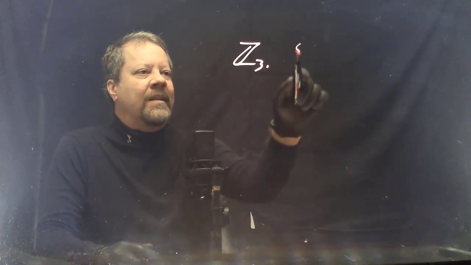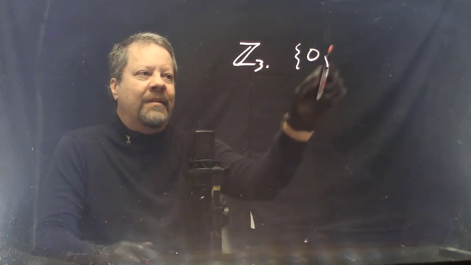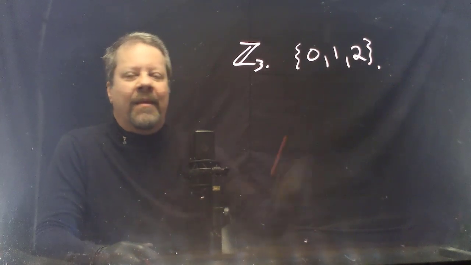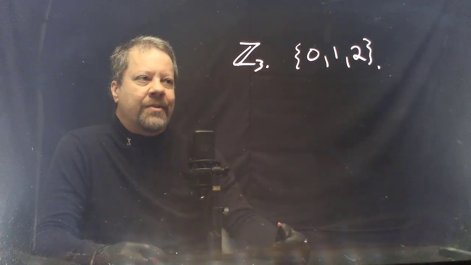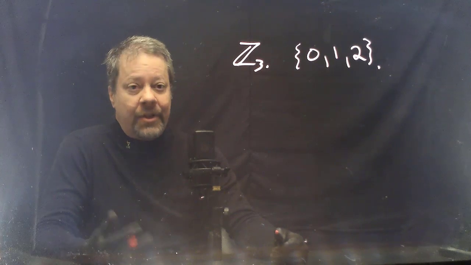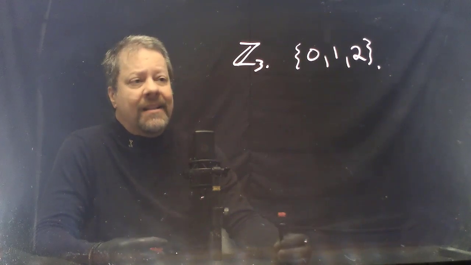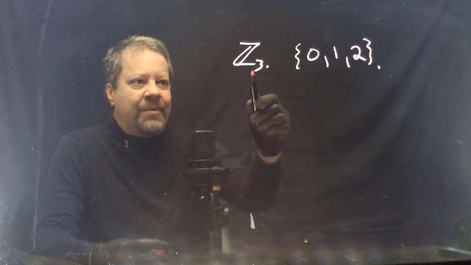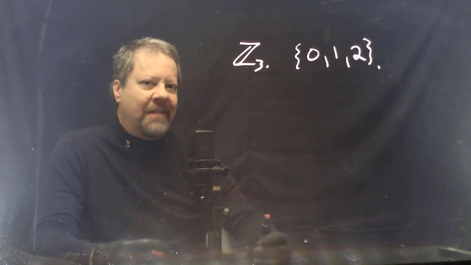Let's look at Z3. Z3 only has three numbers, 0, 1, and 2. We're again going to perform the operations so that if we end up with an addition or a multiplication problem that is outside of this set, then we'll add or subtract 3 until we're back within that set.